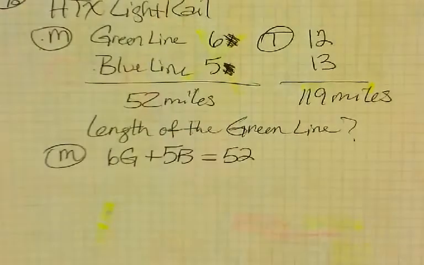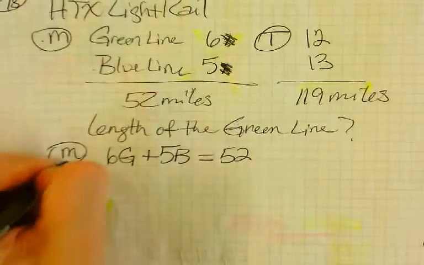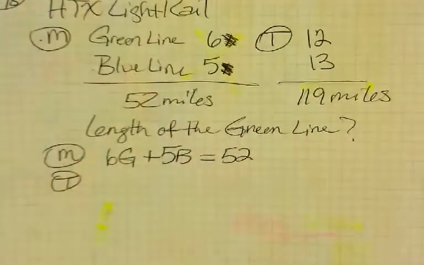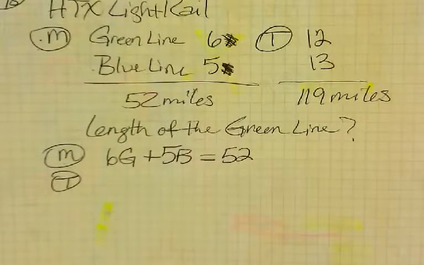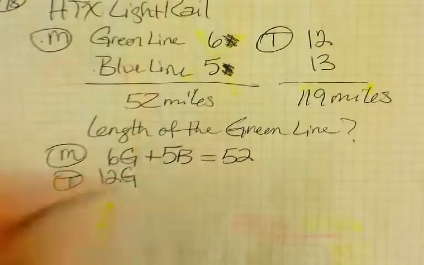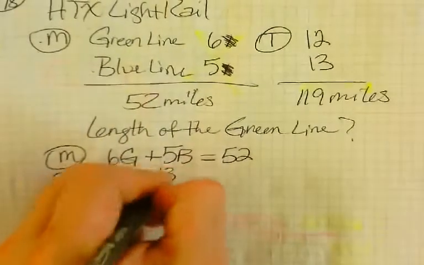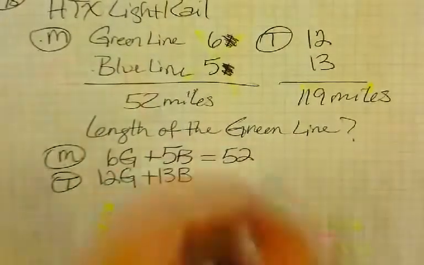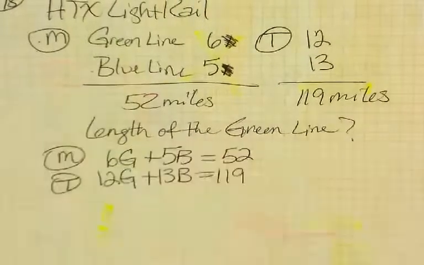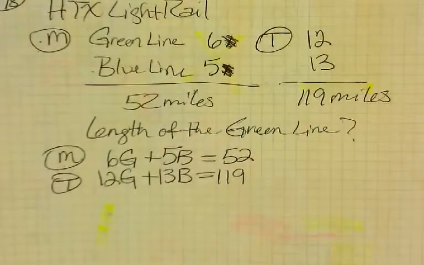All together, you drove 52 miles. So, Dakaris, if this is your Monday equation, what will your Tuesday equation have to be? Perfect. 119 miles. Good.